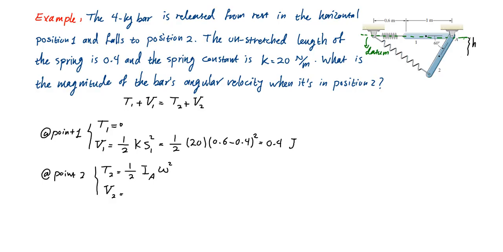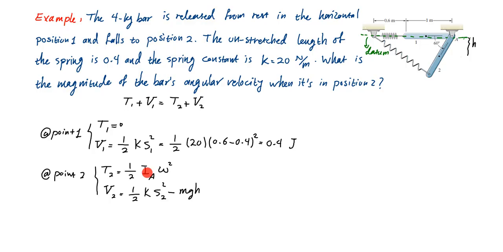And this is negative because it's below the 0 potential line, or datum, that I consider. So this gives me 1 over 2 K S2 squared minus mgh. It's minus because it's going below. Now, what is h? We have to find out.